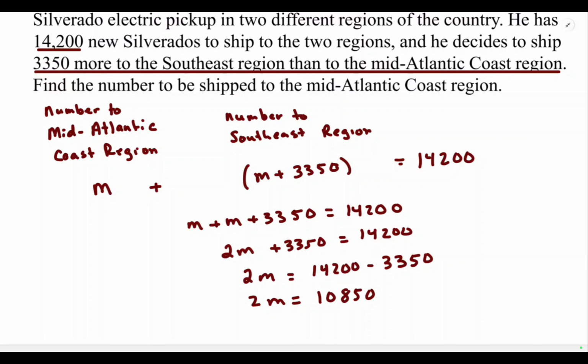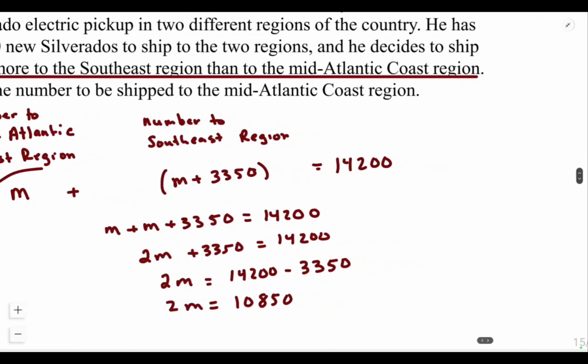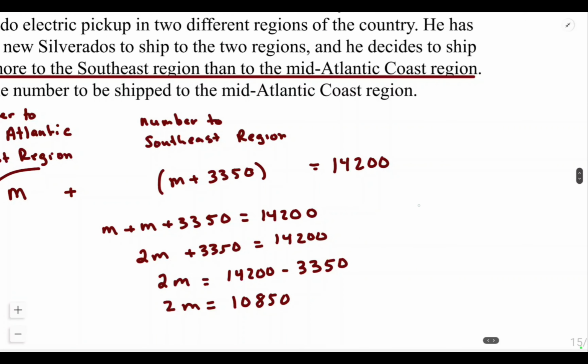All right. So now I'm going to take this and then I'm going to divide. So M is equal to my 10,850 divided by 2. How much do I get when I divide that?